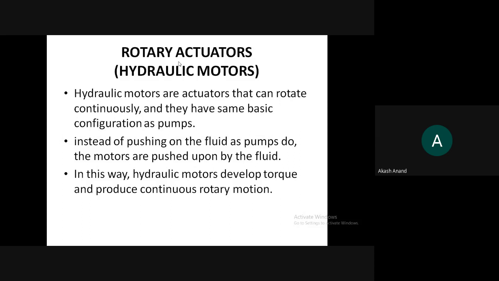Hydraulic motors, or simply rotary hydraulic actuators, are nothing but devices which produce a rotary motion as output with the help of either a hydraulic system or a pneumatic system. That is the basic definition of a rotary actuator.